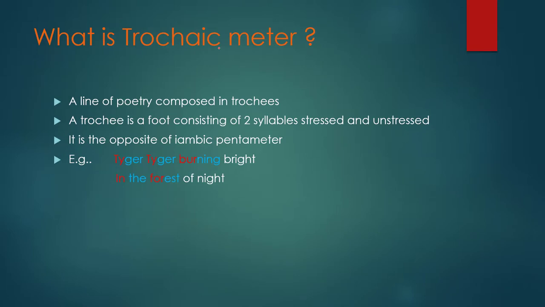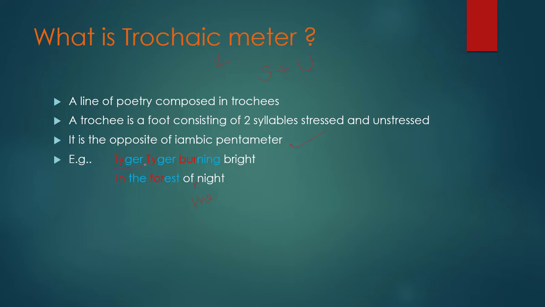Then we have trochaic meter. Trochaic meter is just the opposite of iambic meter. In iambic we have unstressed and stressed, but in trochaic we have a stressed and unstressed pattern. A line of poetry composed in trochees is called trochaic meter. A trochee is a foot consisting of 2 syllables, stressed and unstressed. Example: Tiger, tiger, burning bright, in the forests of the night.